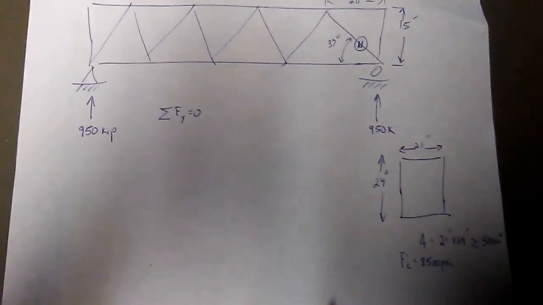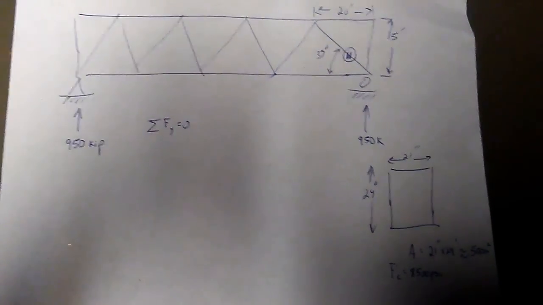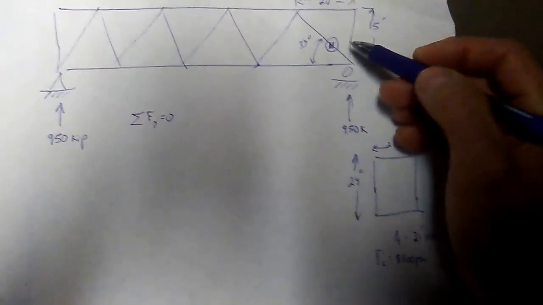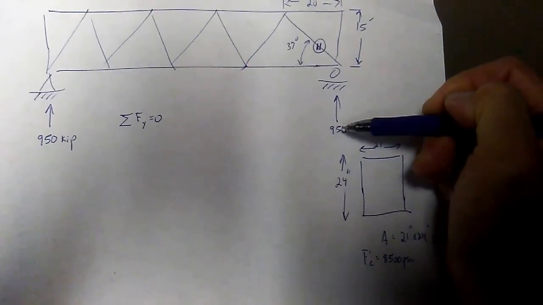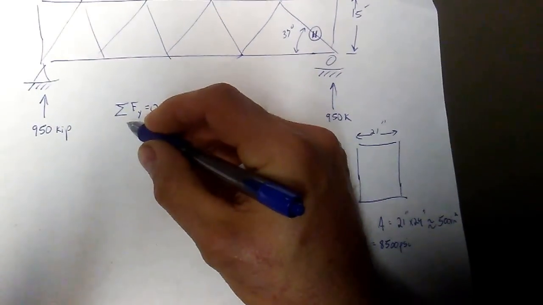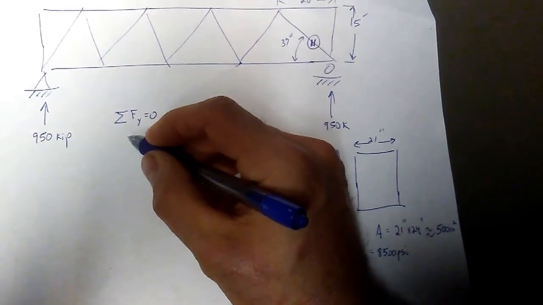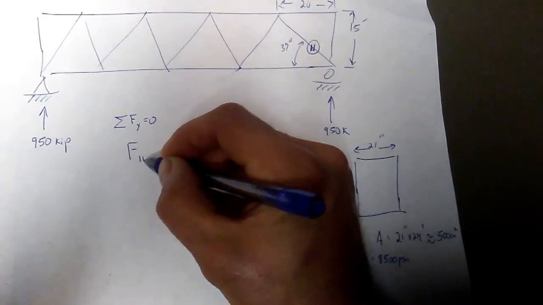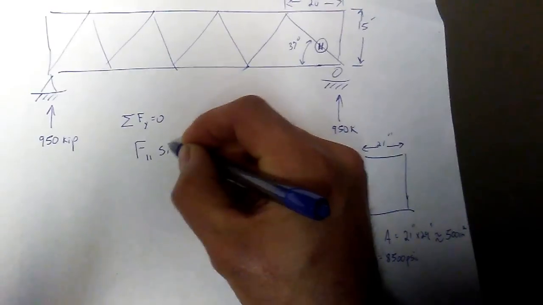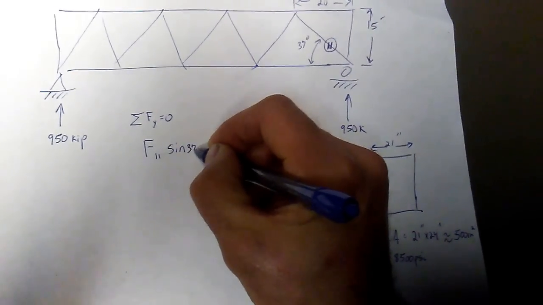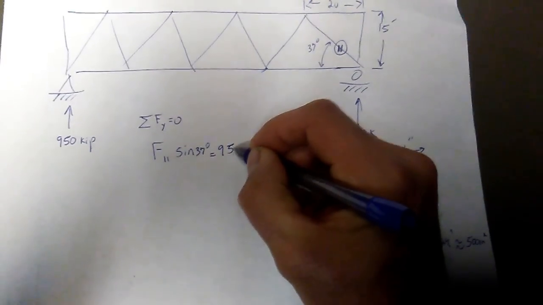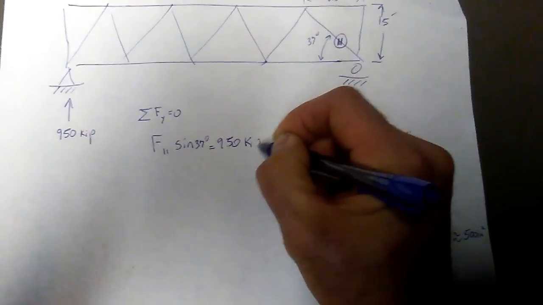So in order for that to be the case, the vertical component of this member must equal 950 kips. That equation will look something like the force in member 11 times the sine of 37 degrees equals 950 kips. Stay with me, guys.